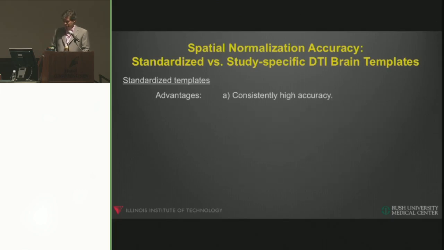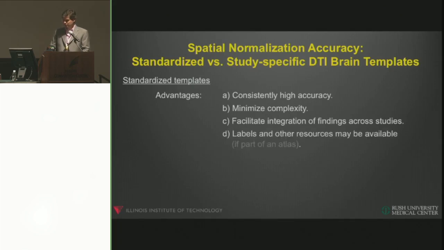In terms of standardized templates, if you use a high-quality standardized template, then you end up with consistently high accuracy. You don't have to make a new template every time, so you minimize complexity. Since it's the same template used across studies, it facilitates integration of findings across studies. And if these templates are part of an atlas, you may have labels and other resources that are available to you.